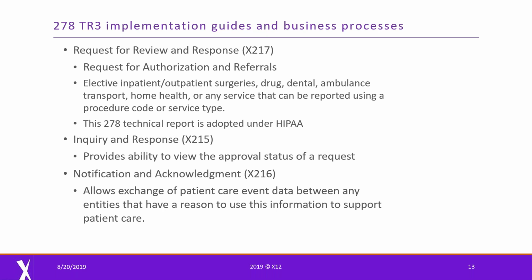And this actually provides the ability for whoever's doing the patient care to look at the status of that request. Now, the inquiry transaction itself is very unique, and there's different ways to use it. One, you could submit an inquiry transaction and include in that request the actual authorization number that was returned in the response.